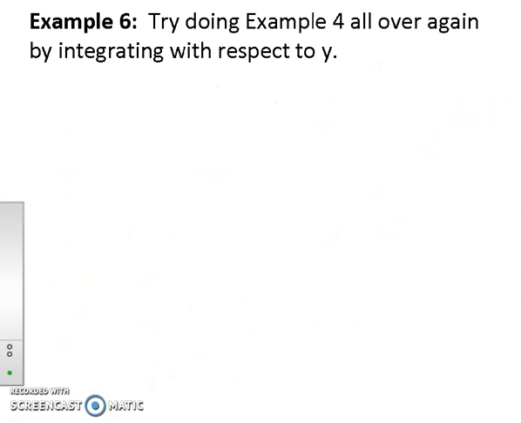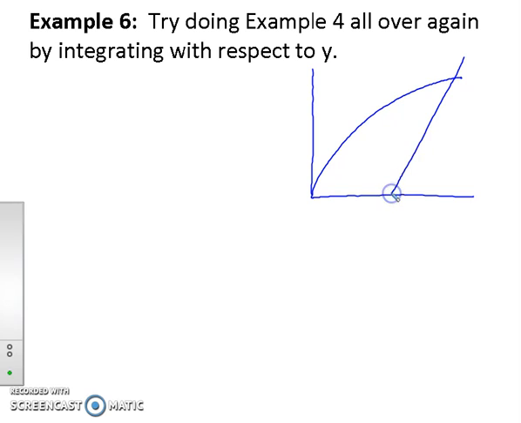So now let's shift perspective. Let's go back and look at number 4 again, but let's do it in terms of y instead of in terms of x. So if you look at that region again, I'm just going to roughly sketch it. I should have put the picture up here again. So I've got this going on basically. This is the curve y equals the square root of x, and this is the line y equals x minus 2.